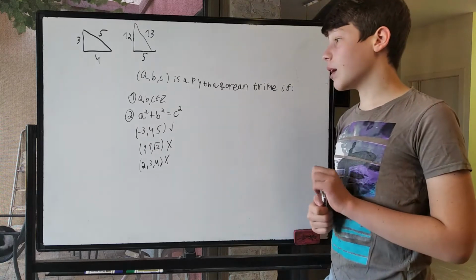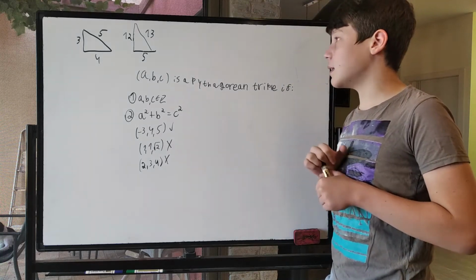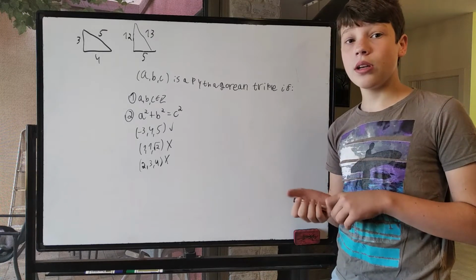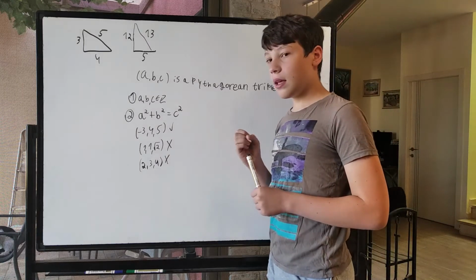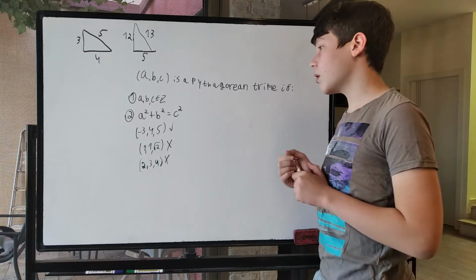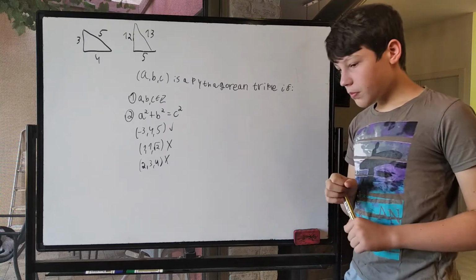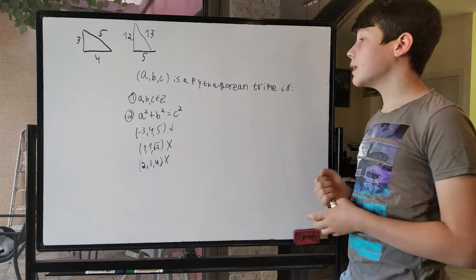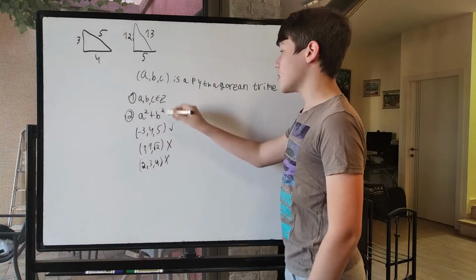So now that we got that out of the way, let's do another definition of what we'll call a primitive Pythagorean triple. A primitive Pythagorean triple is basically it satisfies both of these.